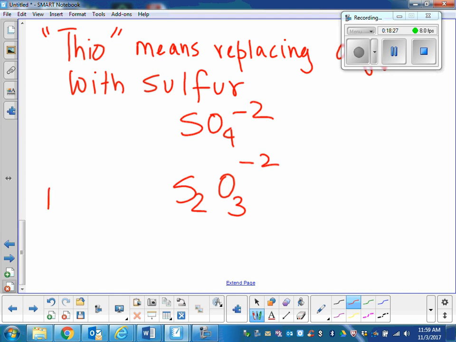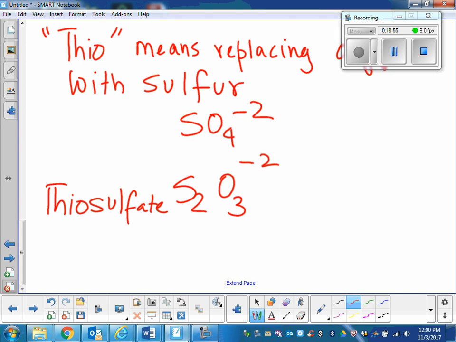So this is now called what? Thiosulfate. All I have to know is, oh, if it's a thio, oxygen is getting replaced by sulfur. I really don't need to memorize it. Are we good? Any questions?